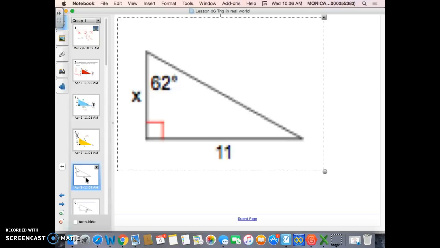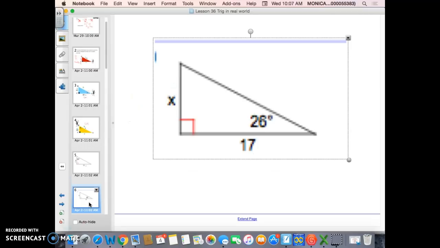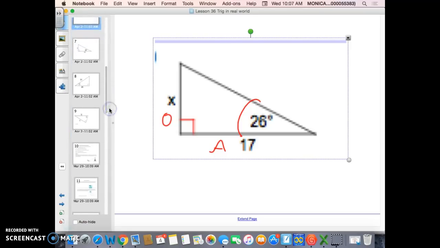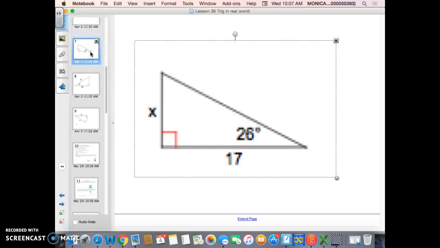We're looking from here. This is adjacent, and this is opposite. Tangent's correct. From here, this is the hypotenuse. We don't know what the hypotenuse is, but we know this is opposite and adjacent. Tangent is what you should be thinking in your mind. Here we go again.